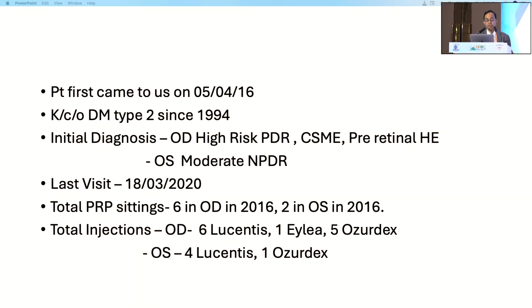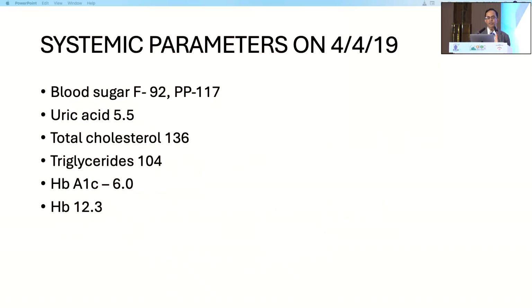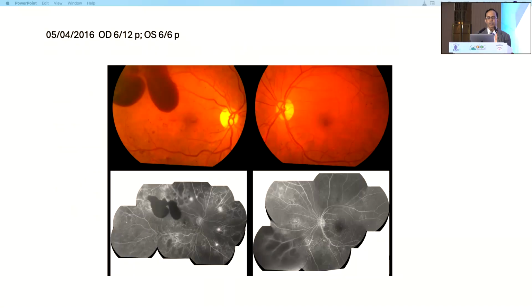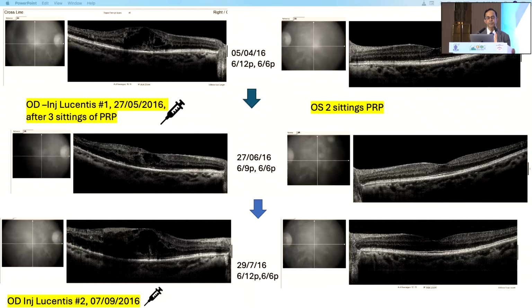The patient underwent a lot of laser, and you can see the number of injections there: about 6 Lucentis, 1 Eylea, 5 Ozurdex in the right eye, and 4 Lucentis and 1 Ozurdex in the left eye. This was how the systemic parameters looked, so they were fairly well controlled. This is the initial clinical picture with a vision of 6/12 in the right eye and 6/6 in the left, and the patient underwent these injections and laser.